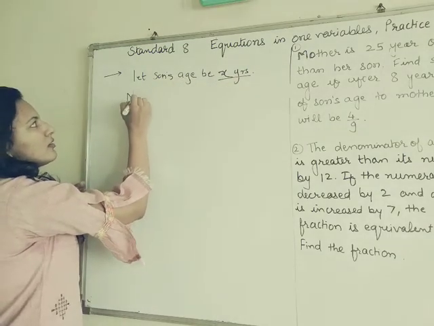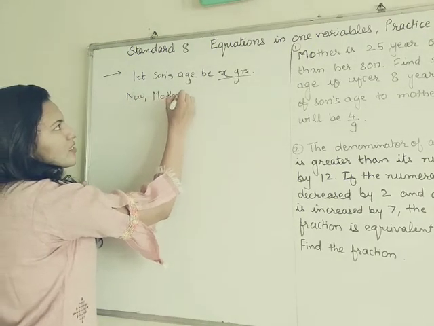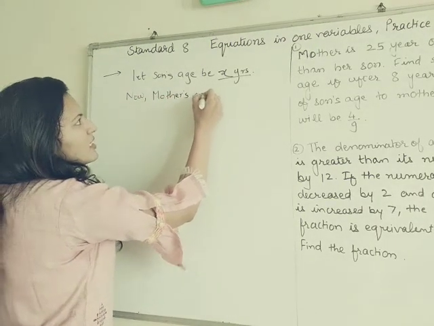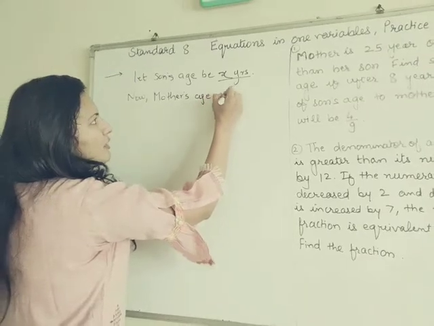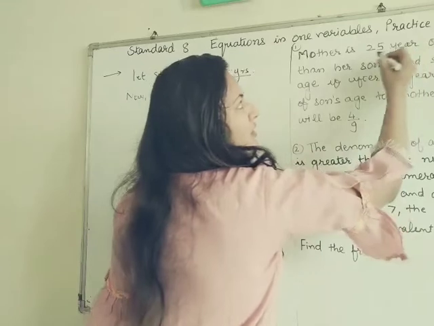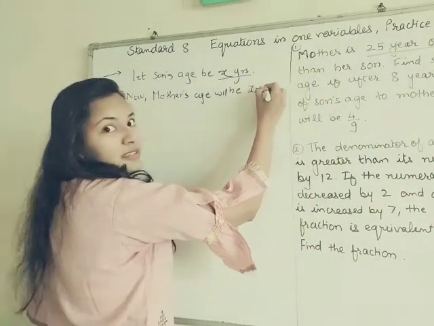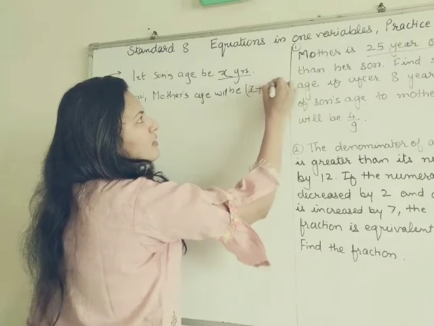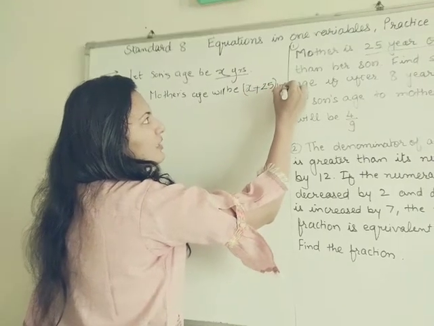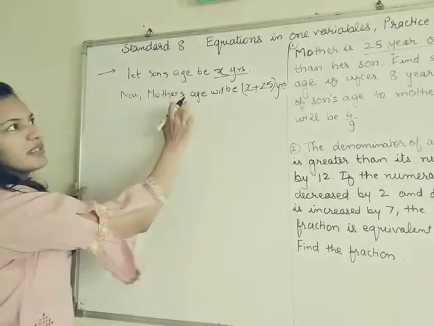Now mother's age. What will be mother's age? 25 years older means X plus 25 years. Don't forget to write this years. Okay, so now this is the primary step.